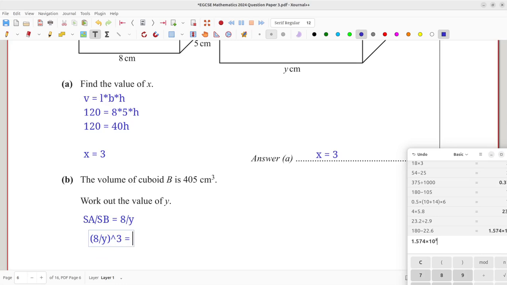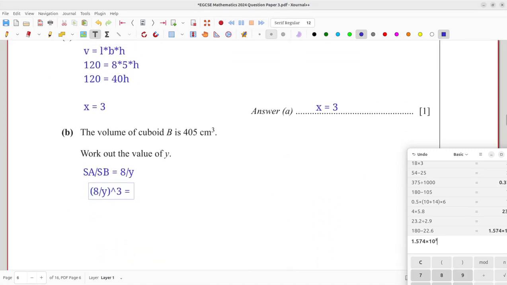This should be equal to the volume of the smaller box, 120, divided by the volume of the larger box, which is 405. Let's solve for y. You take the cube root on both sides, so 8 over y is equal to the cube root of 120 over 405.